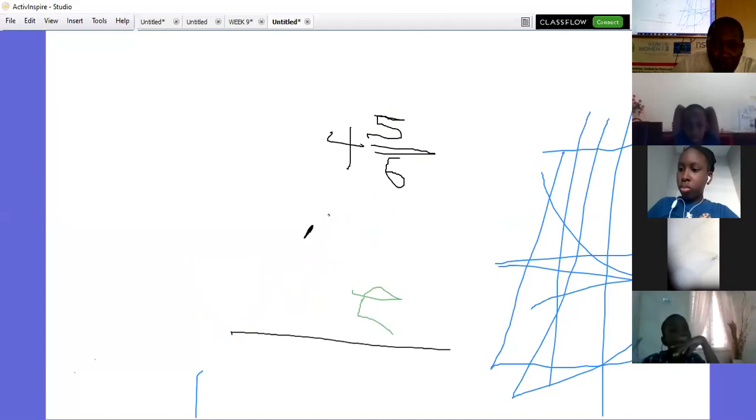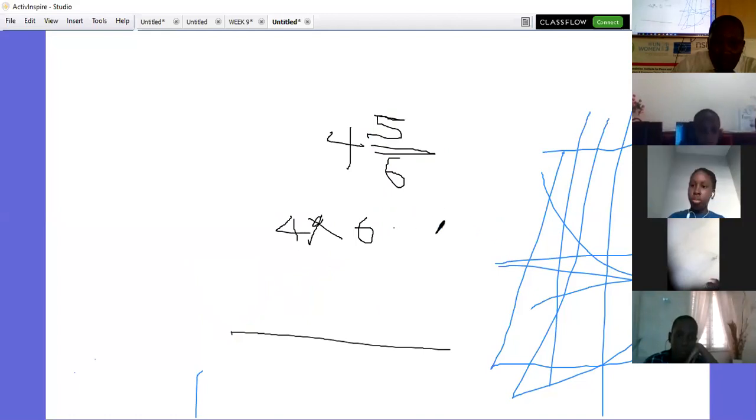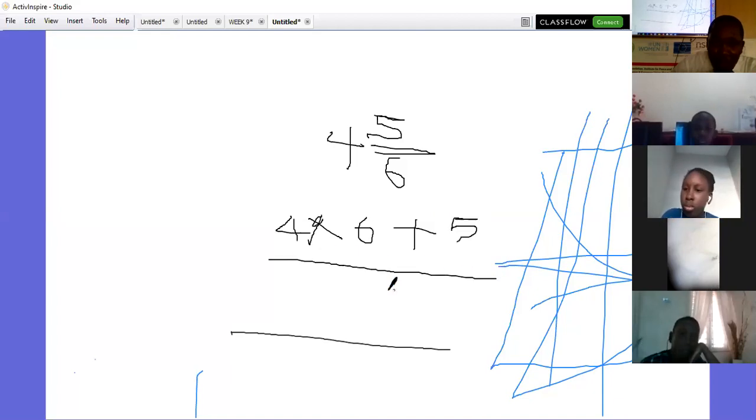So what we are going to do, we are going to multiply the 4 by the 6. You can see the whole number part multiplying by the denominator, then plus the numerator, now everything over the denominator.